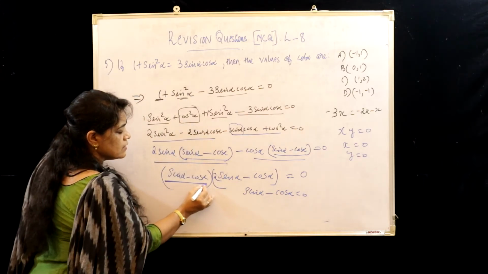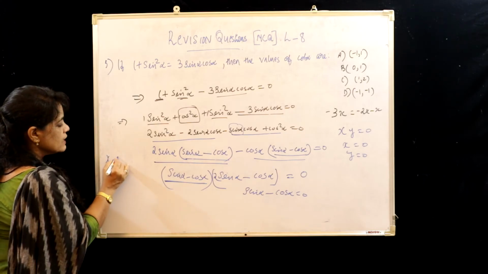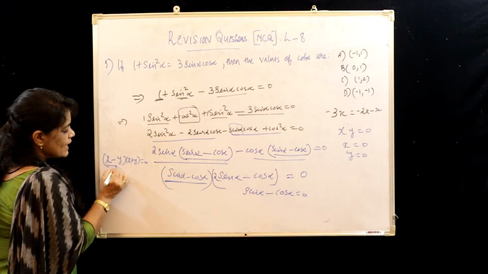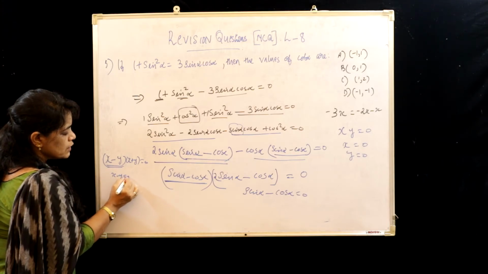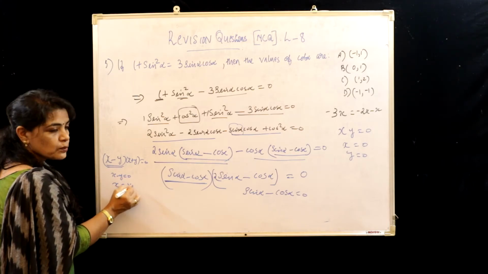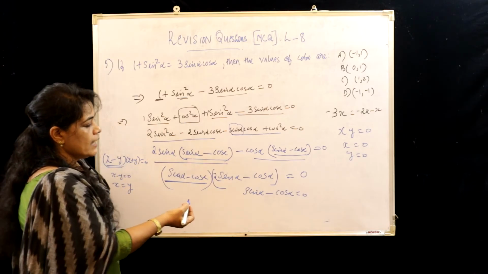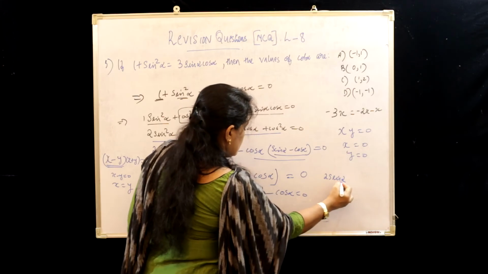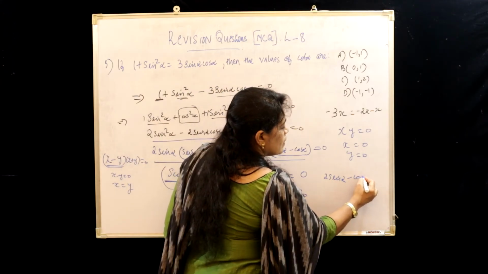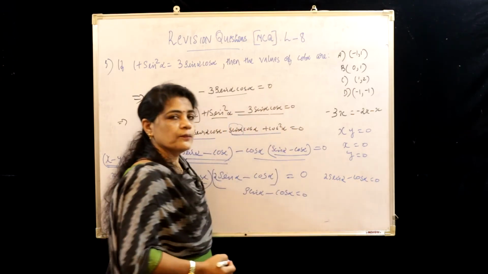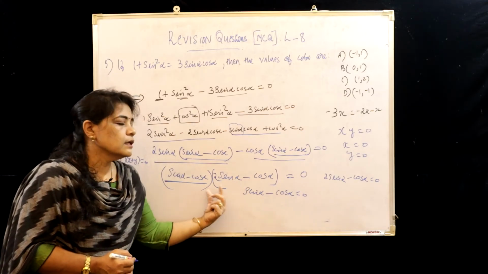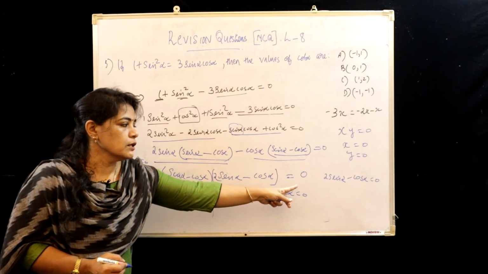See children, if we have x minus y into x plus y equal to 0, which means x minus y equal to 0. That means x is equal to y, right? The same way, the second factor, that means 2 sin alpha minus cos alpha equal to 0. That means we can separately equate these two factors to 0.